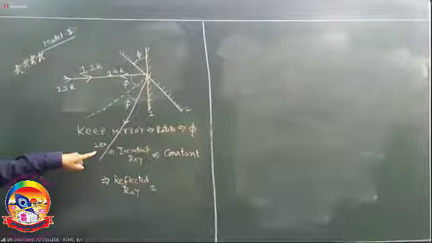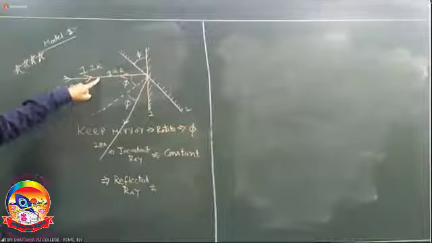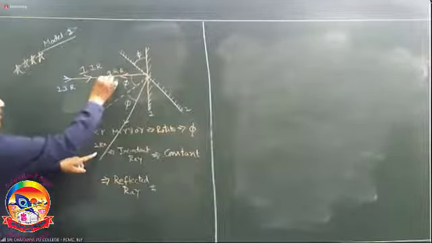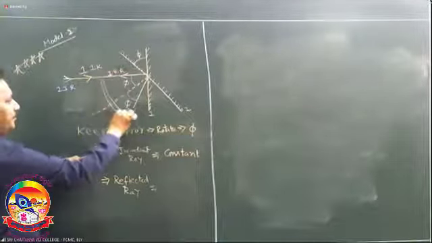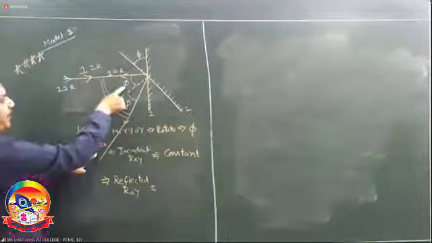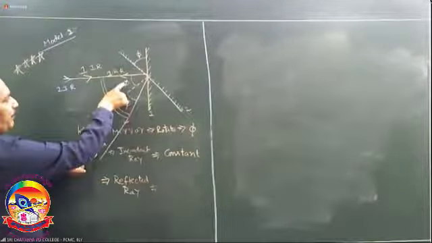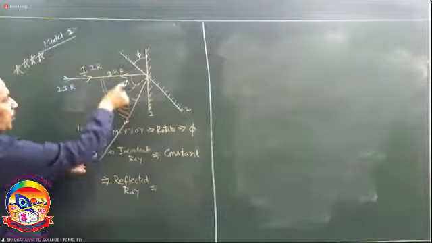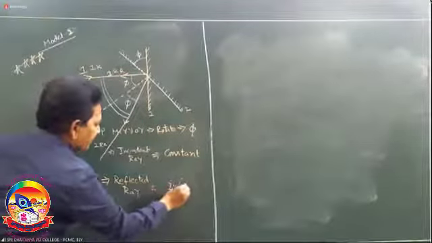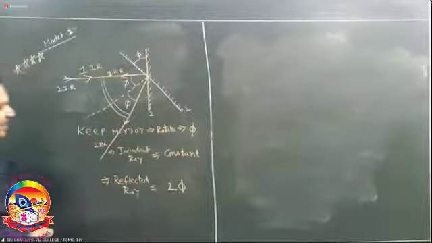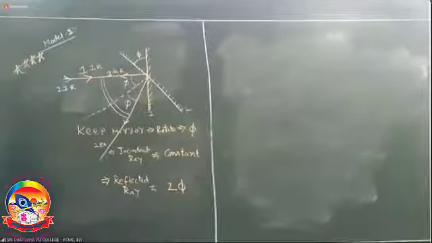What is the angle between the first reflected ray and the second reflected ray, from here to here? This is phi and this is phi. Phi plus phi is equal to 2 phi. So the answer is the reflected ray will rotate by 2 phi.